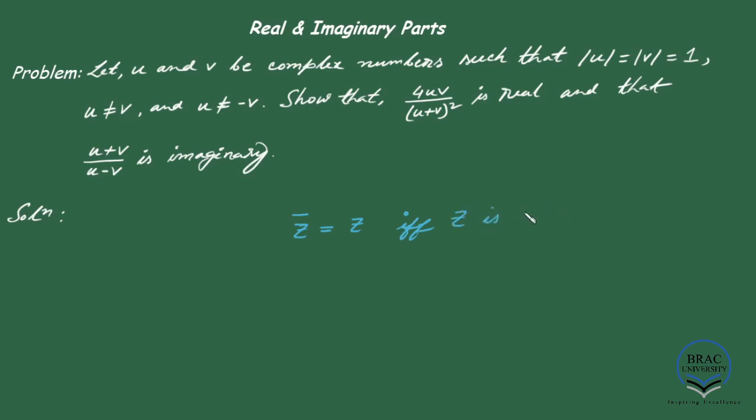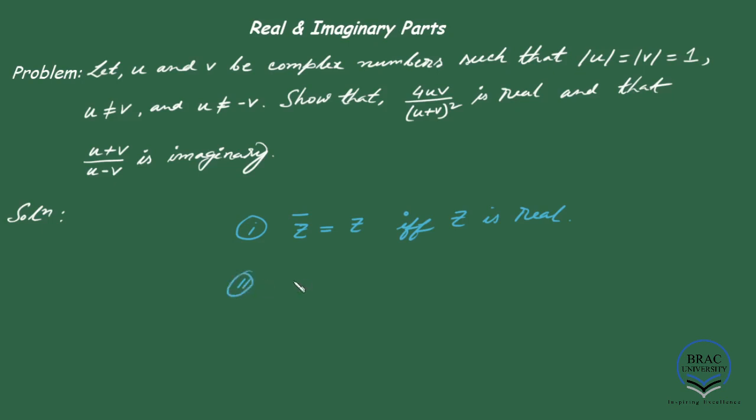If and only if is a two-way statement, which means if this part is true, then this must be true. On the other hand, if this is true, this must also be true. So that's for the real part.